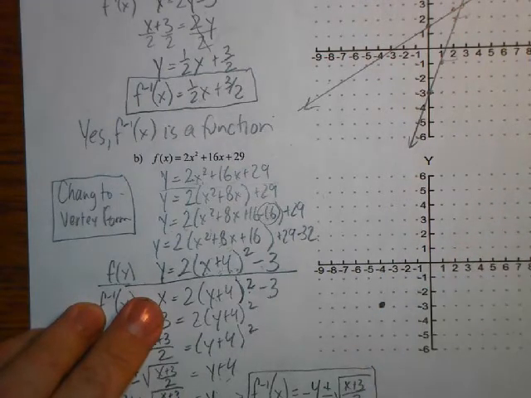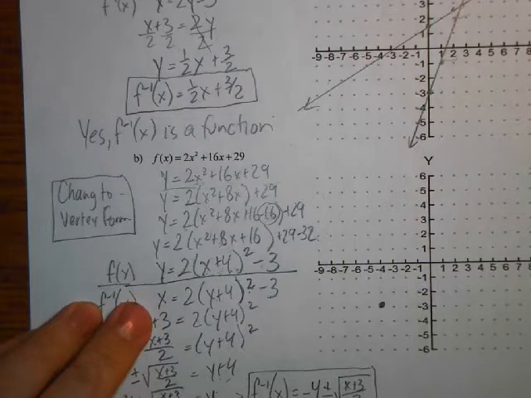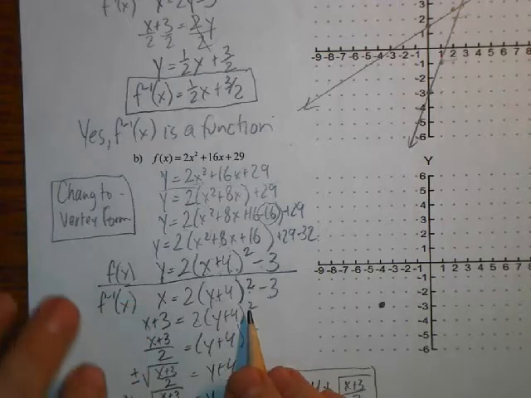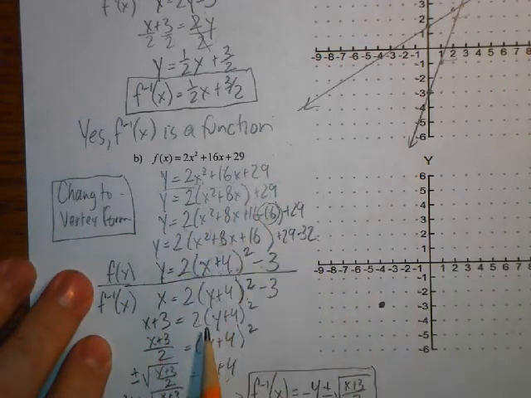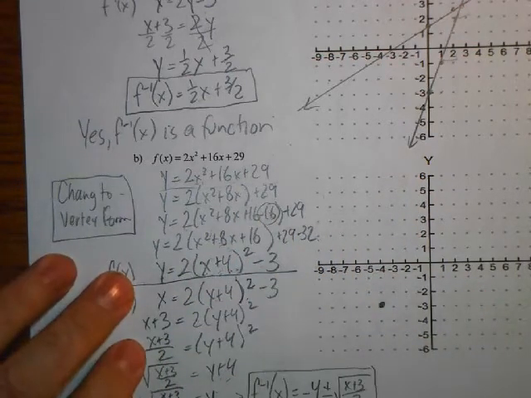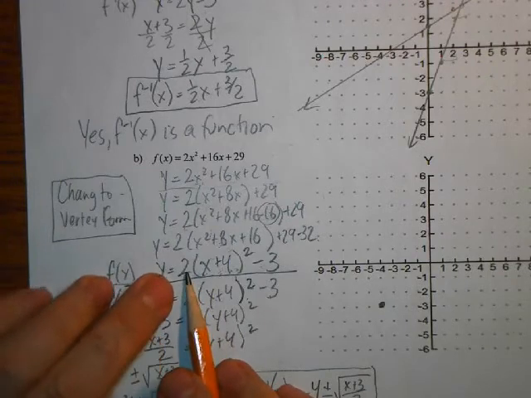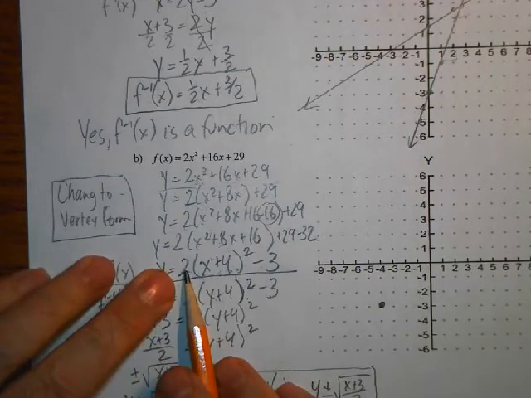I can then grab a few points. I can't really put the y-intercept of 29. It's just too big for the graph. But I do know that this is our a value here, which means it's got a stretch factor of 2.